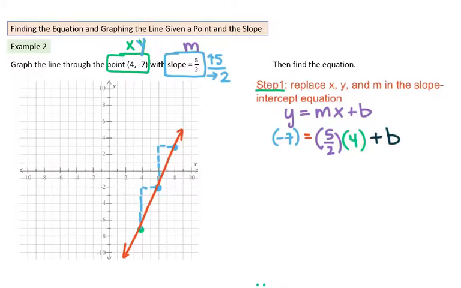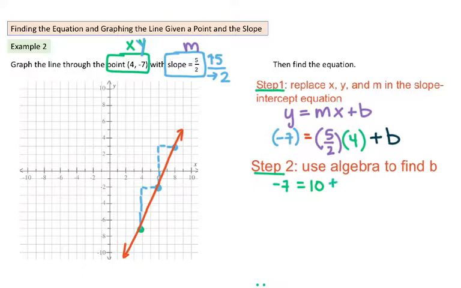For step 2, we will use algebra to find the value of b. So we have -7 equals 5/2 times 4 is 10 plus b. Now we'll subtract the 10 from both sides so that we can figure out what b equals. B equals, in this case, cancel the 10 on that side, -7 minus 10 is -17.